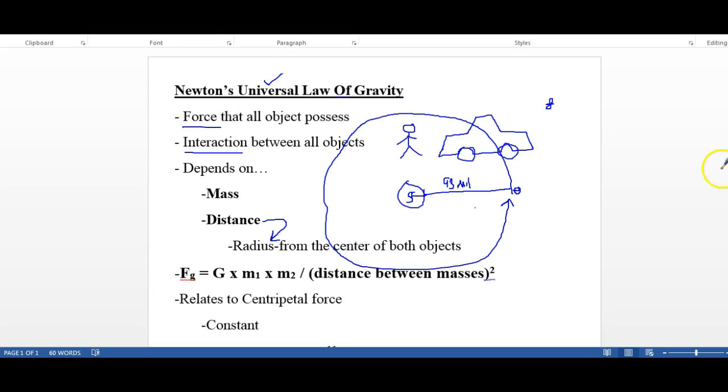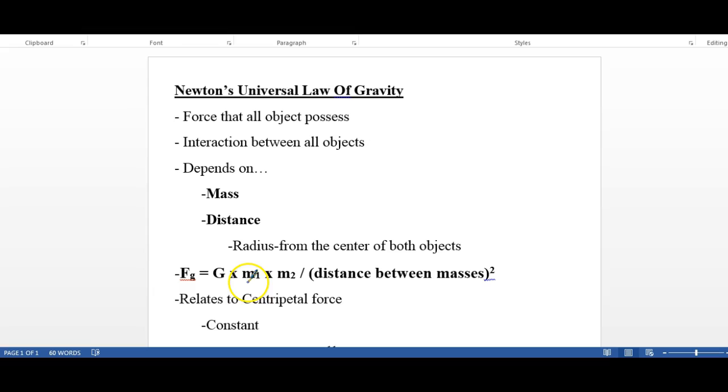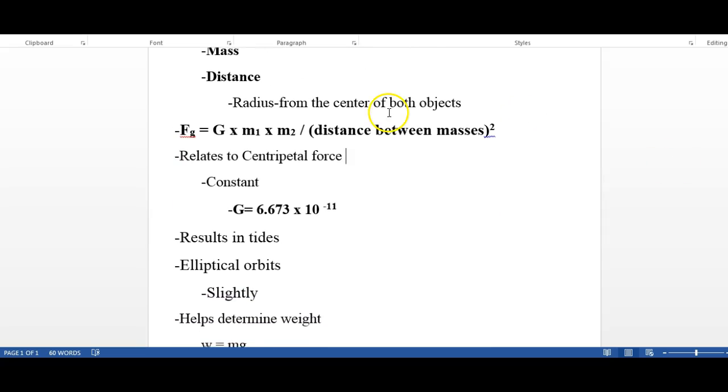exerts on another. Now we have the equation here, so I'm going to clean this up. So we have the equation for gravity, and let me move this down a little bit. So this is F_g equals G times m1 times m2 divided by r squared. And really that's the distance between masses.